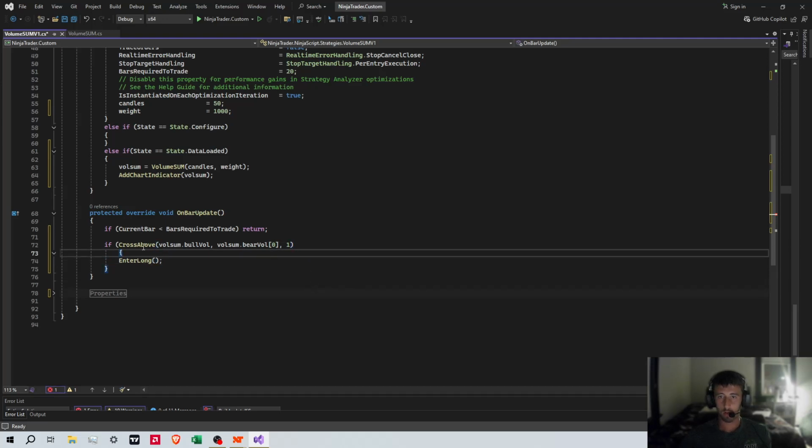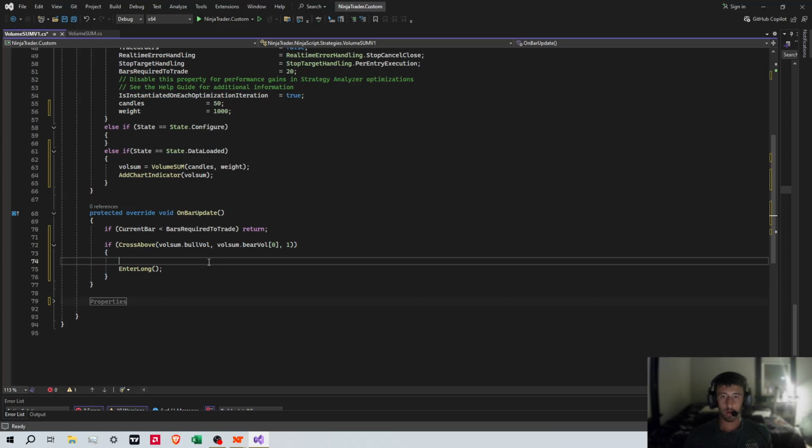Let's see, what is this error for? Alright. And we actually also want to exit short.